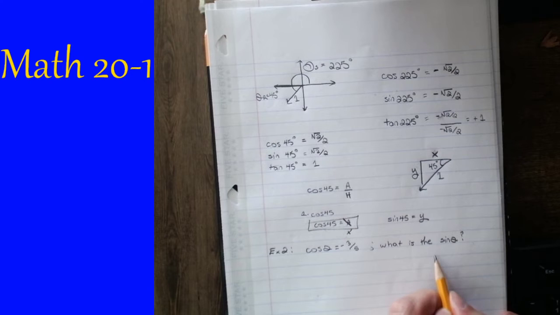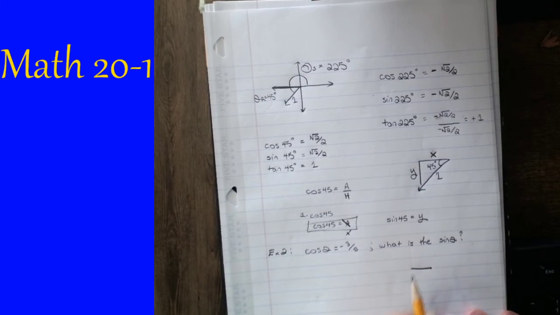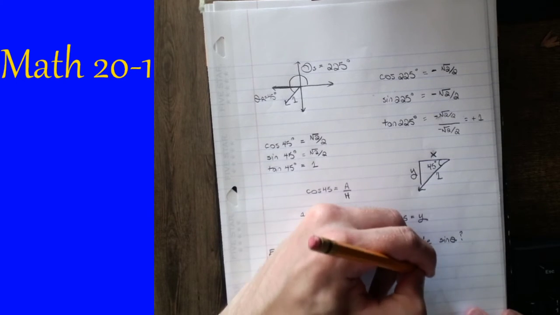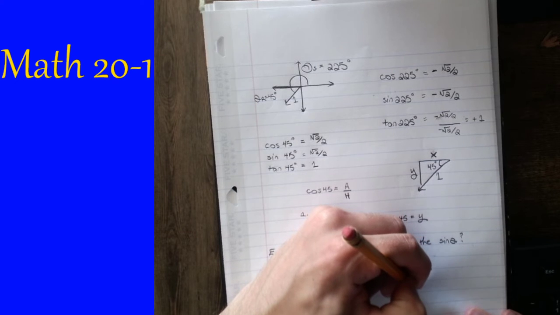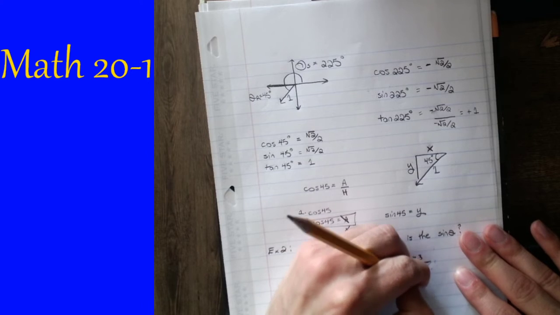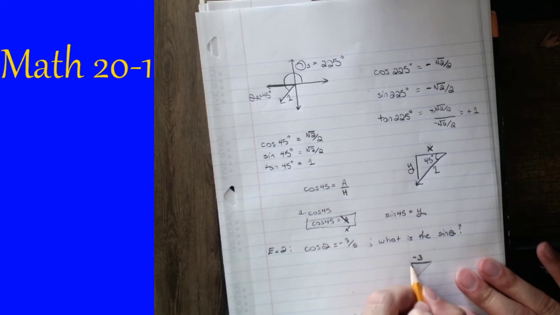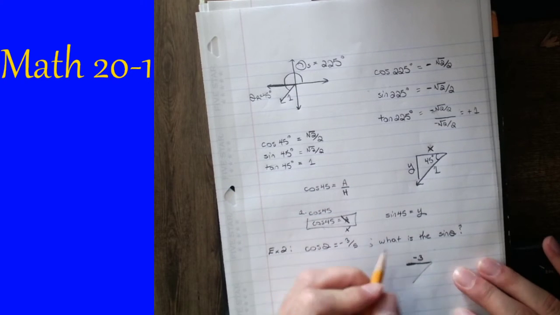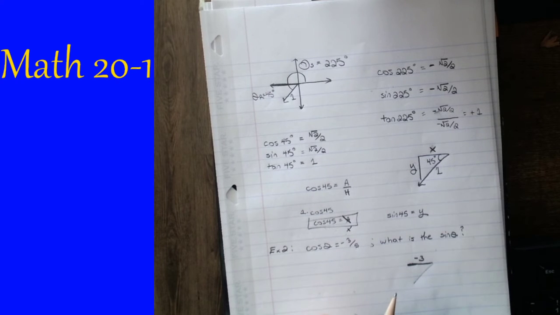A different way of doing this is, let's draw this triangle. I go over negative 3, but I don't go down 5. In fact, I have a hypotenuse length of 5.